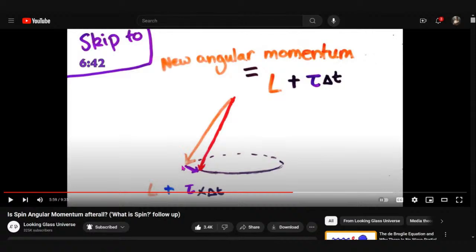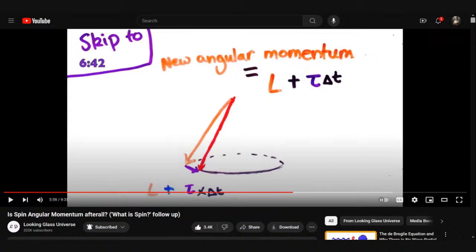No, this is delta L, and delta L is created by B. But let's ignore electromagnetism.